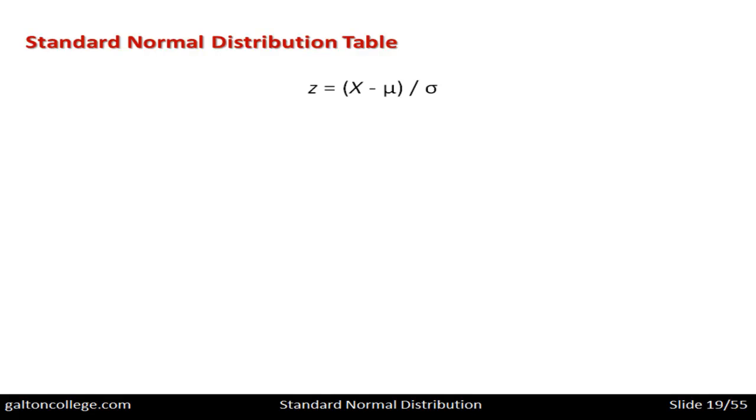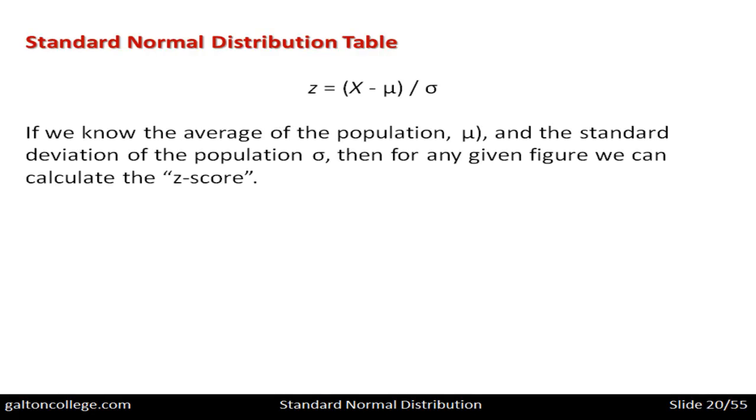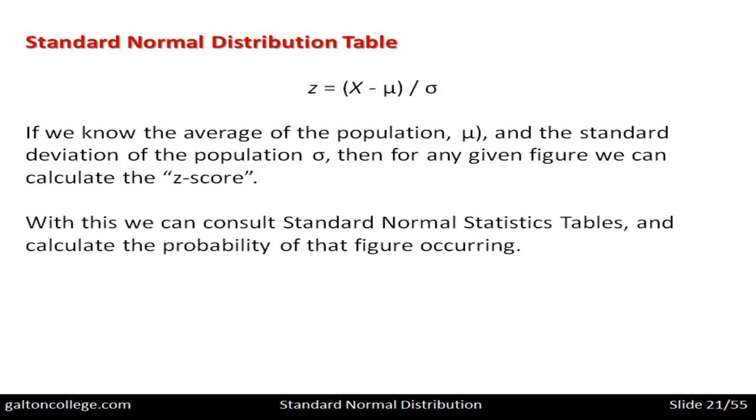Now, the standard normal distribution table. Well, we start with our formula. If we know the average of a population, mu, and the standard deviation of the population, sigma, then for any given figure we can calculate the z-score. We've got all we need to perform the calculation. With this we can consult the standard normal statistics tables and calculate the probability of that figure occurring. So the picture's got slightly more complicated.